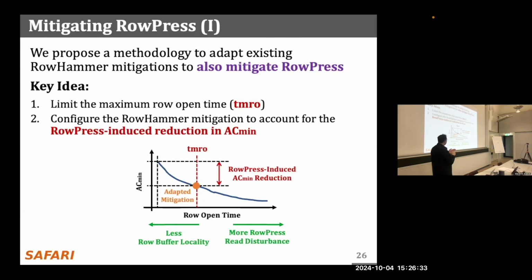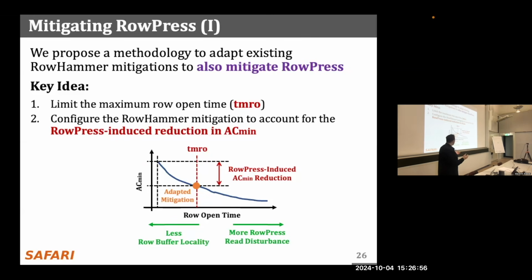So if you don't close the row for, let's say, 50 nanoseconds, you can increase the activation count by 1, even if there's no new activation. When you do that, the activation count will increase more rapidly, and it will reach the original threshold. So it's effectively doing the same thing from the other way around.